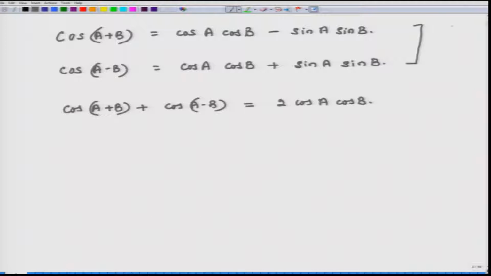So this is equation 1, this is equation 2, this is equation 3, and how did I get equation 3? I just added 1 and 2 and I get this third equation.